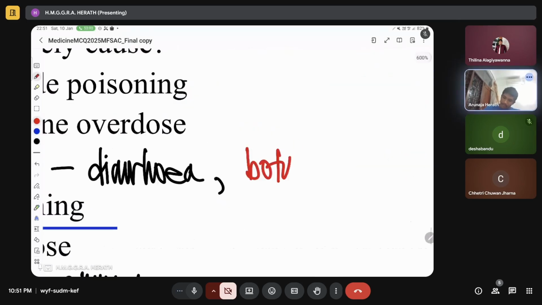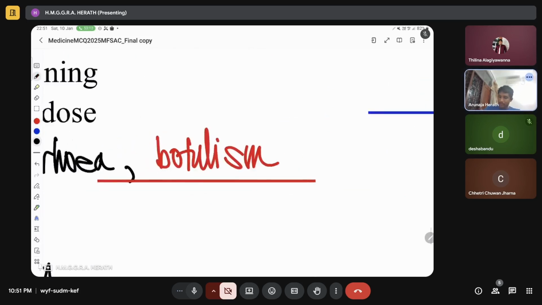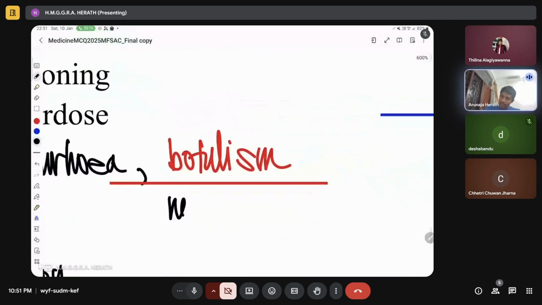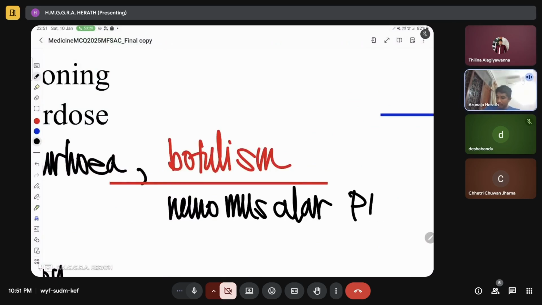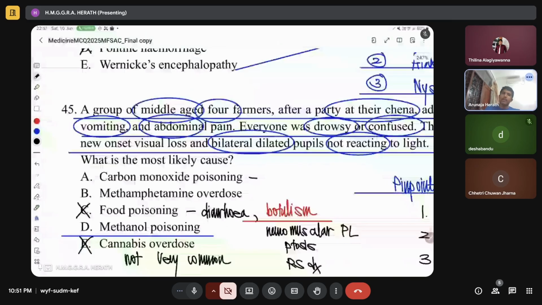Botulism. Because of the botulism toxin, the patient will get neuromuscular paralysis. So they will present with things like ptosis, respiratory distress, and those features. Carbon monoxide poisoning, how does it usually happen?